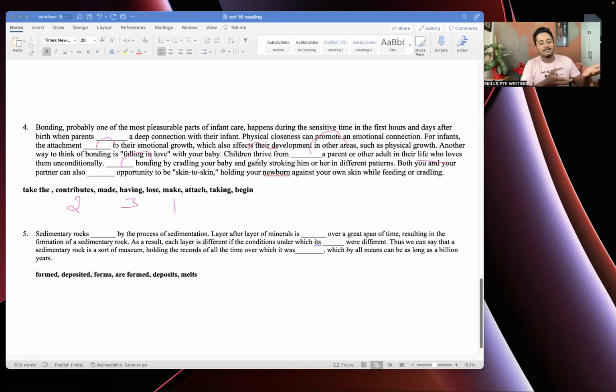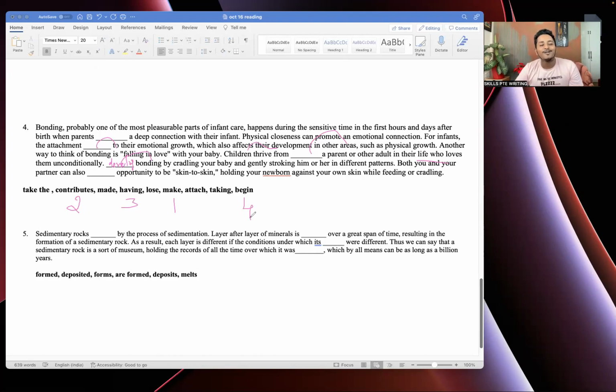You develop bonding by, I want something that means develop. Develop the bonding with a baby by cradling your baby and gently stroking him or her in different patterns. I need develop the bonding, begin the bonding.